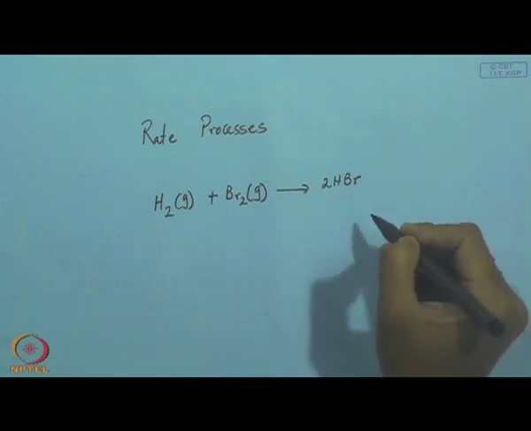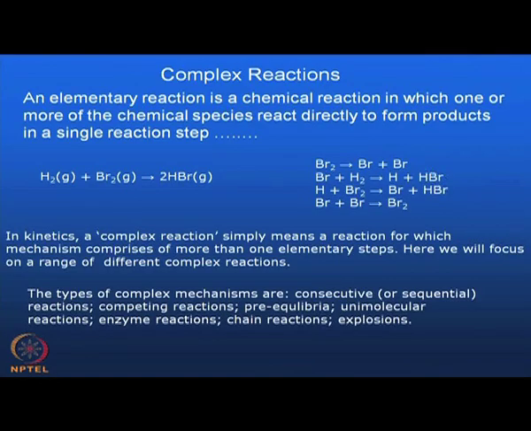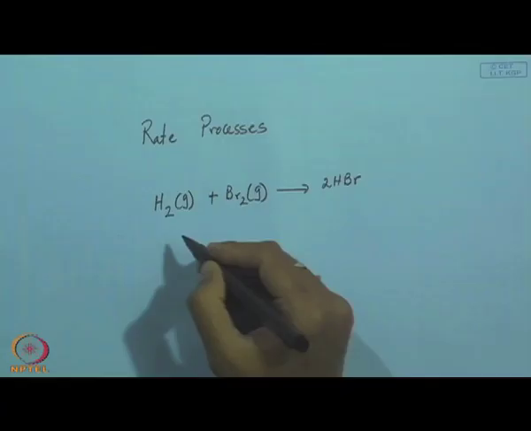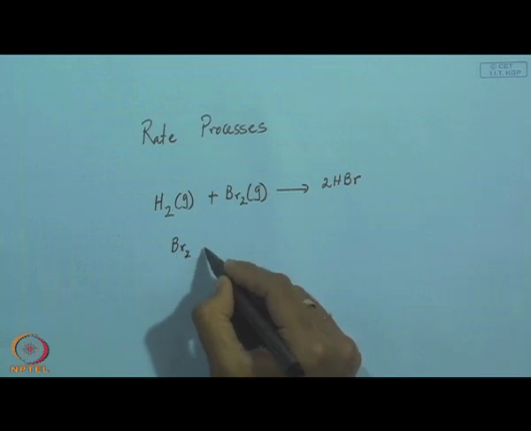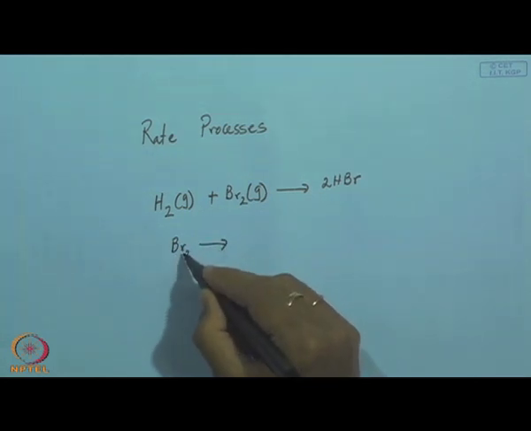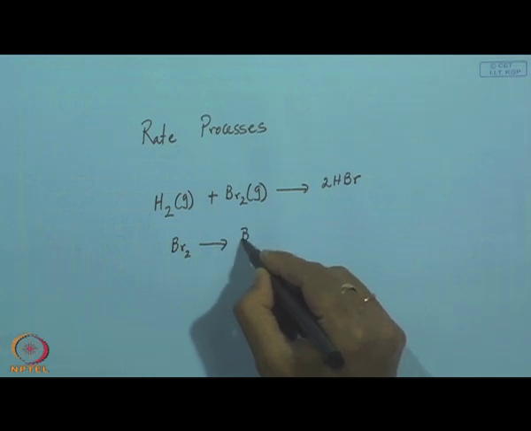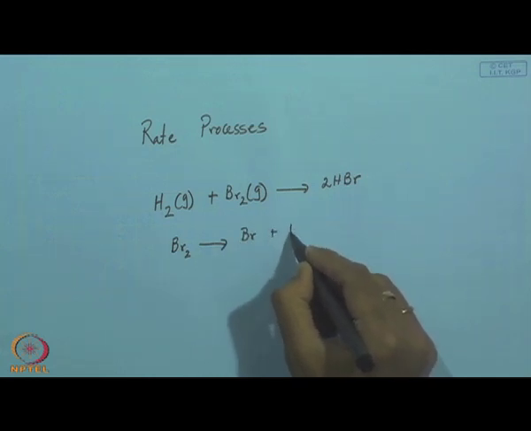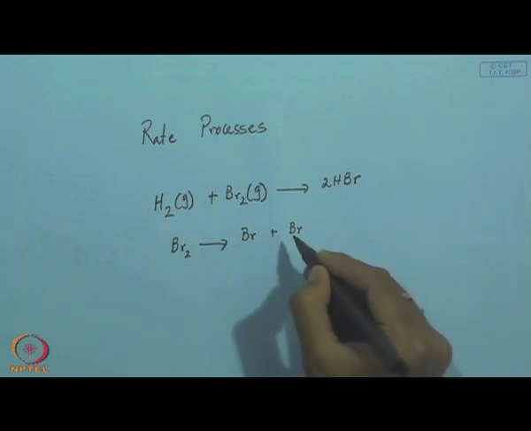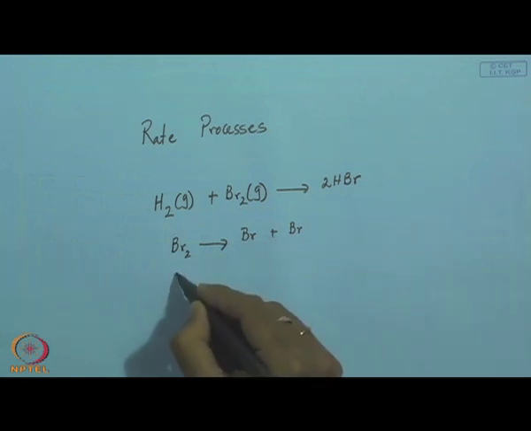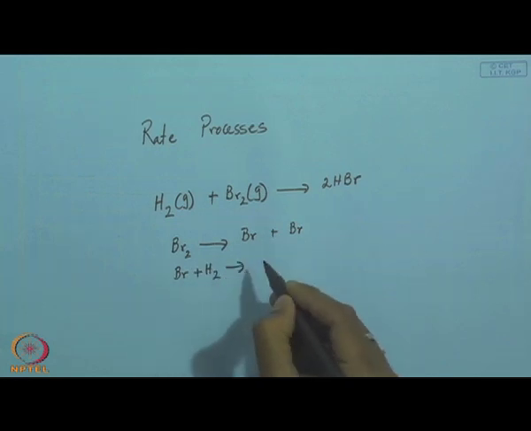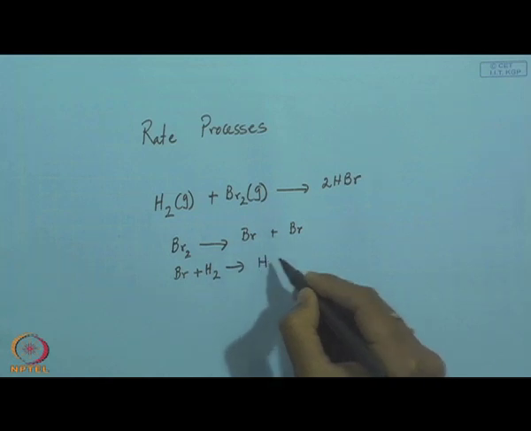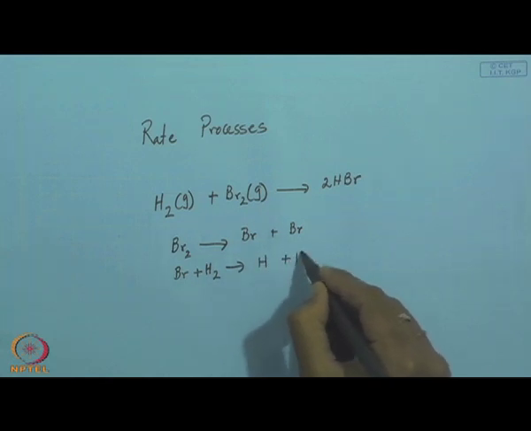This reaction has a mechanism which has been established by various other means. It is known to follow the following steps. First, Br2 undergoes homolytic cleavage to produce two bromine radicals or bromine atoms. Then one of these bromine atoms reacts with dihydrogen, H2, to produce one hydrogen atom and an HBr.